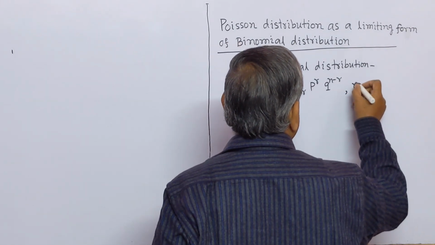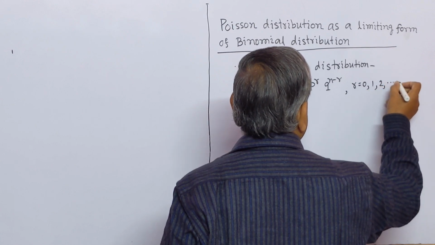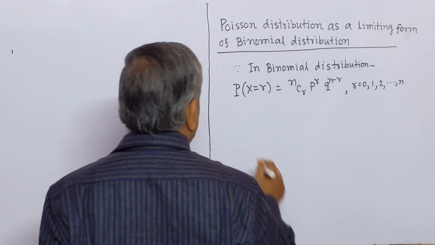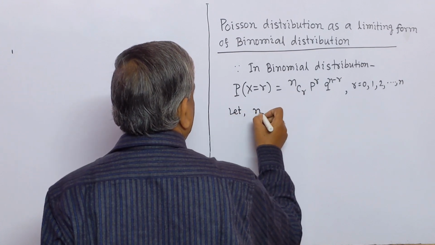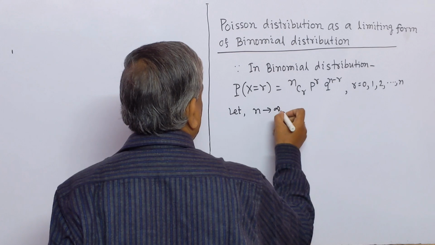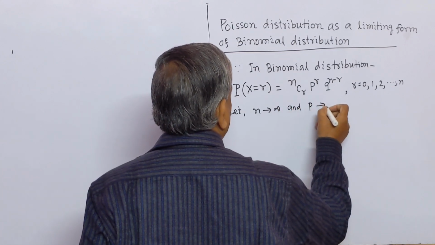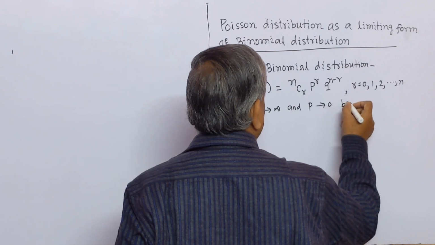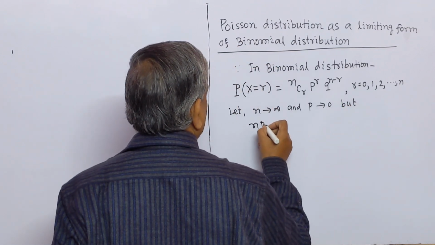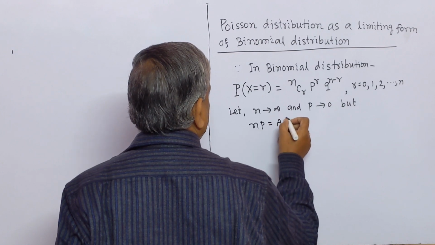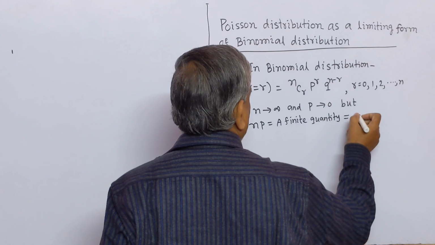Here r equals 0, 1, 2, ..., n. Let n tend to infinity and p tend to 0, but np equal to a finite quantity equal to lambda.